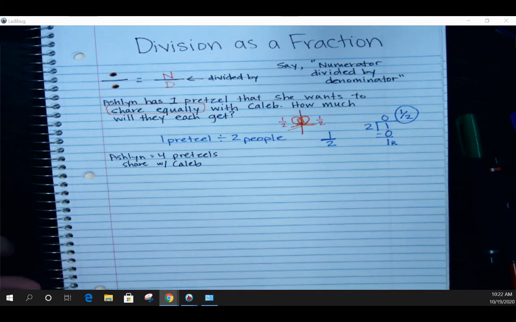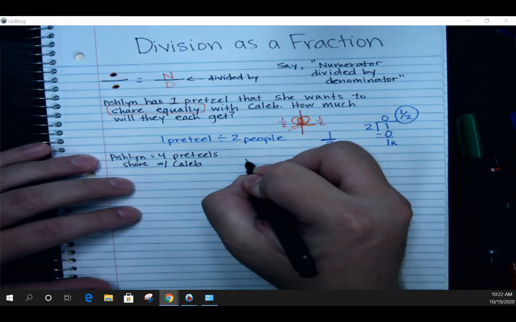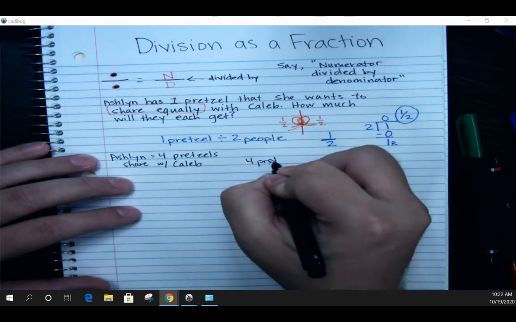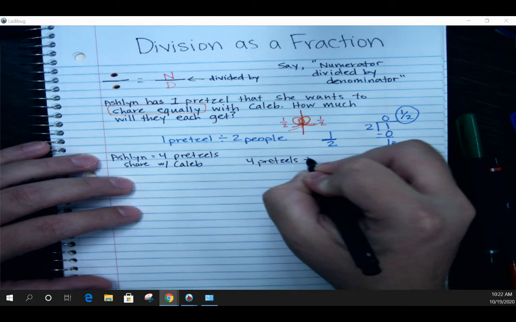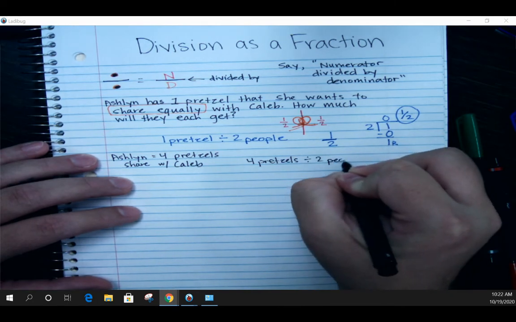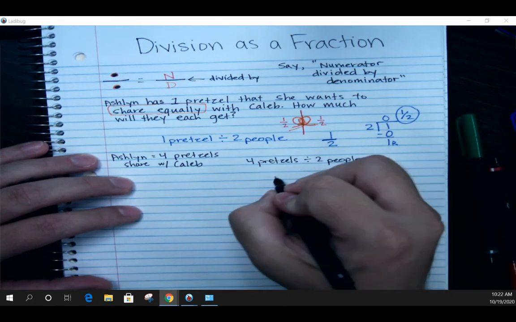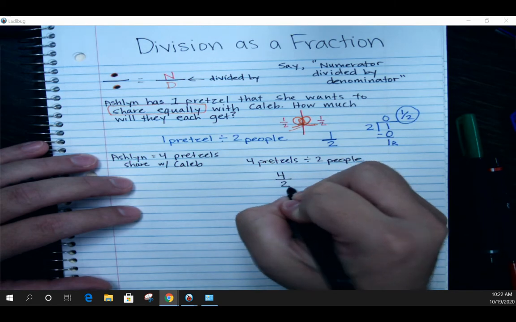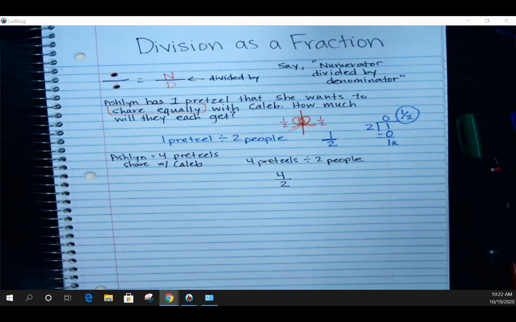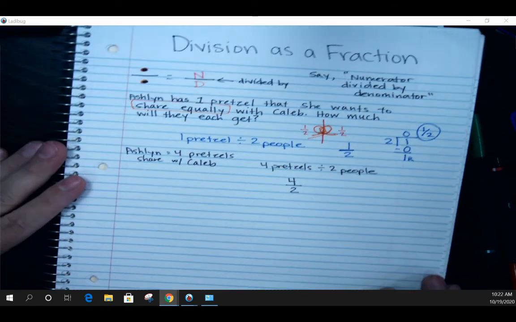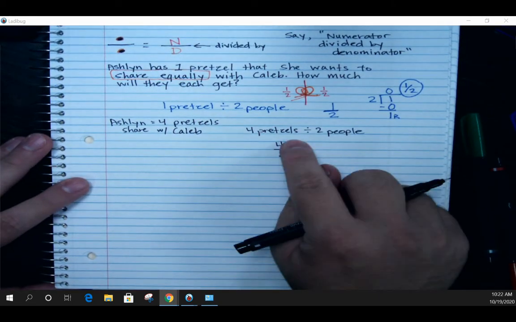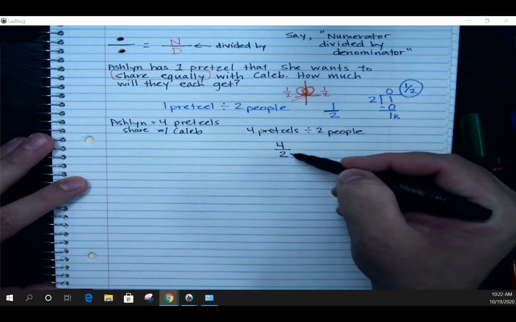Well, you do 4 pretzels divided by 2 people, which is 4 over 2. Because if we read this literally, it says 4 divided by 2.